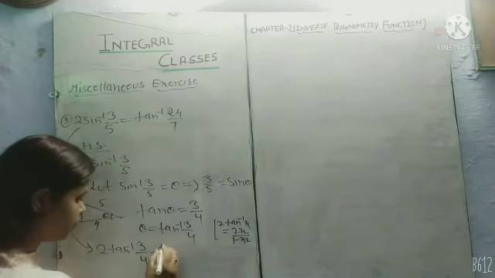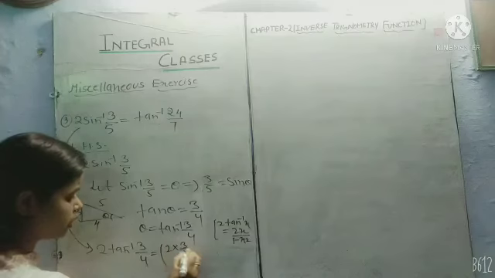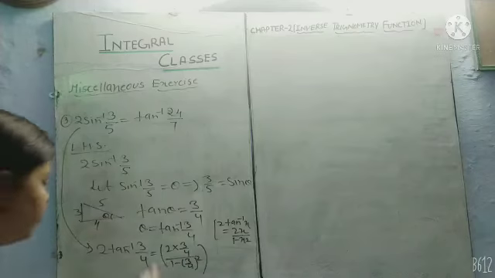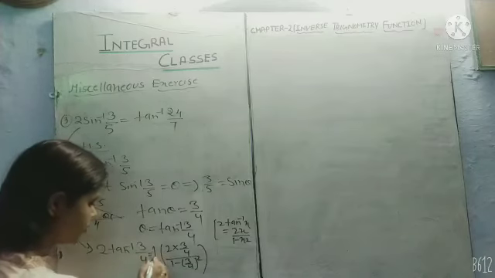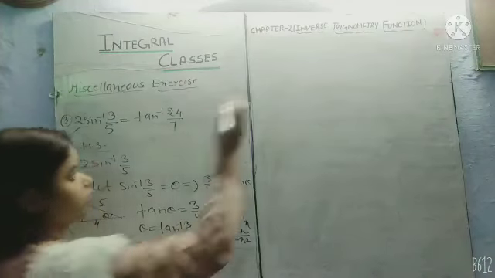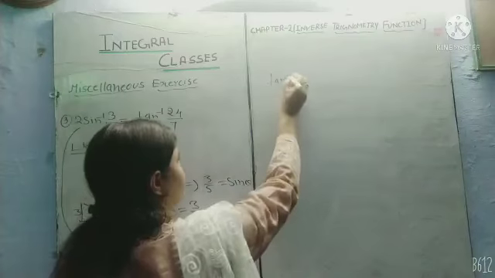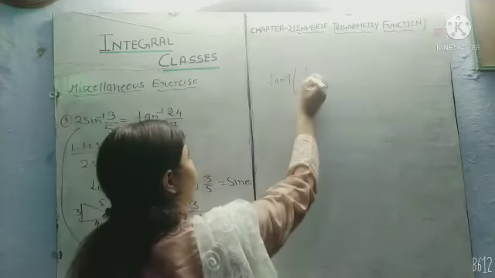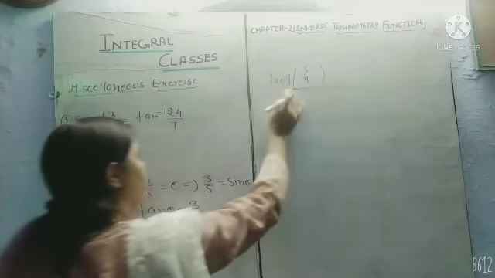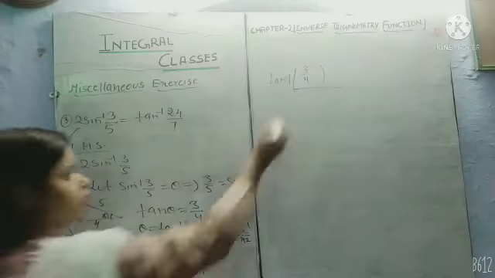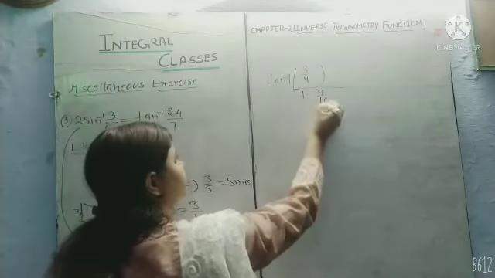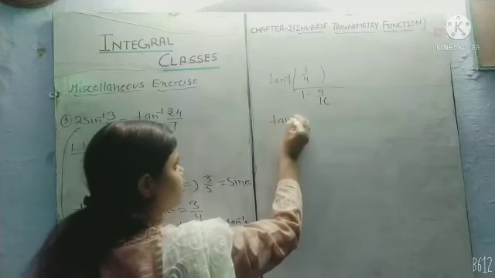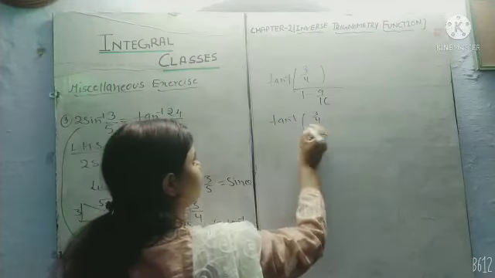So it becomes tan inverse of 2 times 3 by 4 upon 1 minus 3 by 4 whole square, that is 2 times 3 by 4 upon 1 minus 9 upon 16. We will take the LCM.